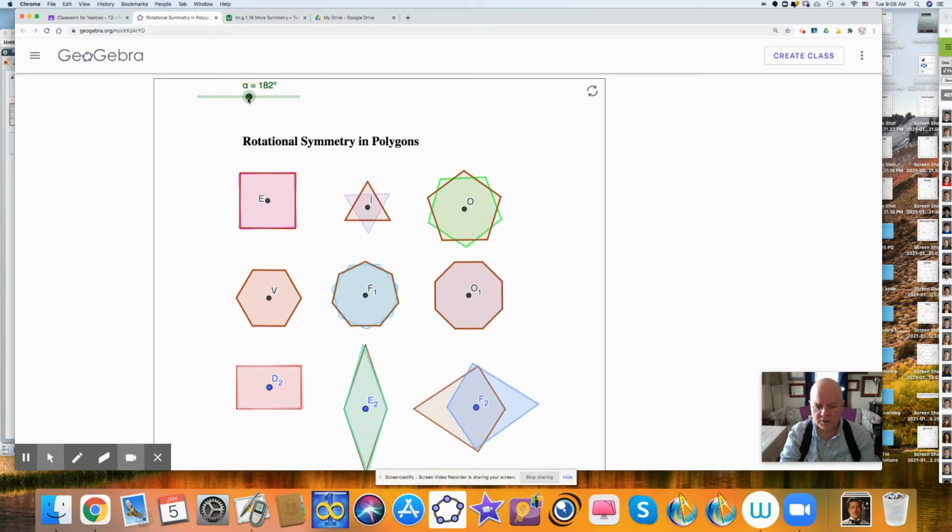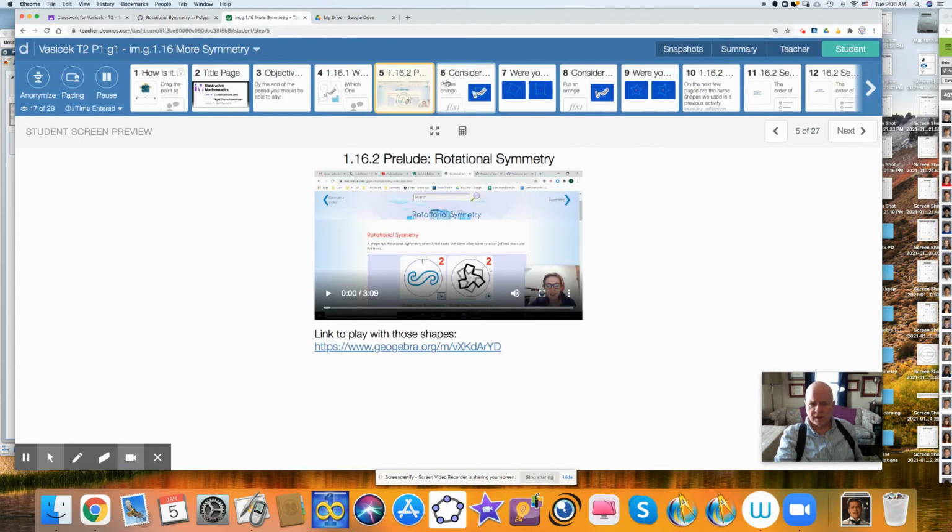The rhombus, right next to it, this E2, has 180 degrees as well as 360. Same with the rectangle. So it is an order of 2. When you call it the order, every one of them has at least an order of 1. They can be rotated 360 degrees and land on themselves. So you get to explore this tool and check it out.